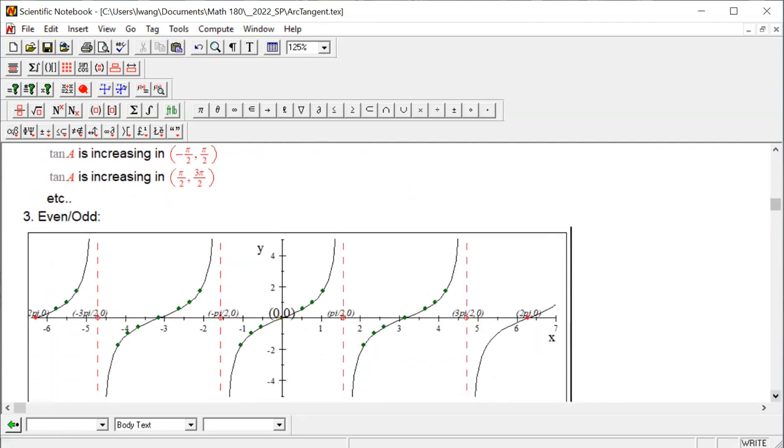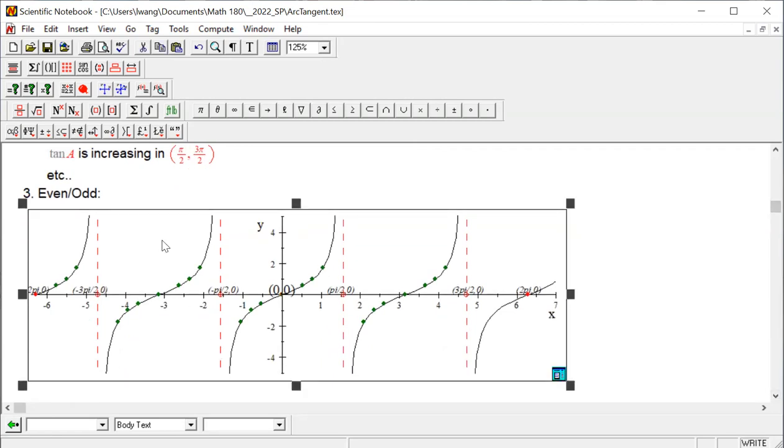An even function will have the feature that opposite input produces the same output. We certainly don't have that, right? For example, if we look at opposite inputs, suppose I'm looking at an input here and the opposite input there.